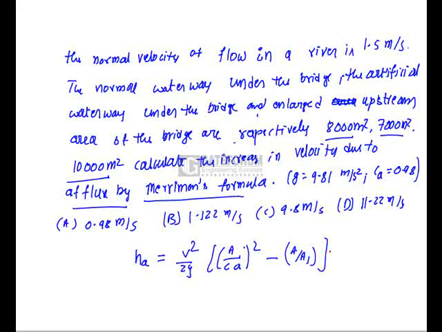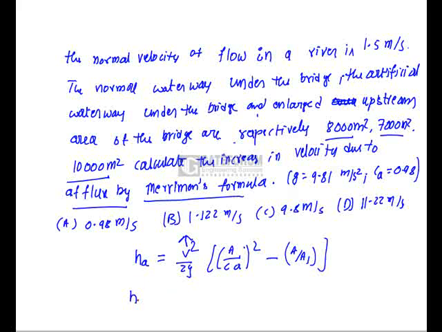V is the velocity of flow, A is the normal waterway under the bridge, A1 is the upstream area of the bridge, and small a is the artificial waterway of the bridge.